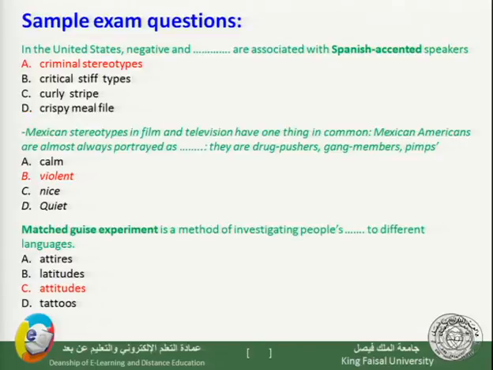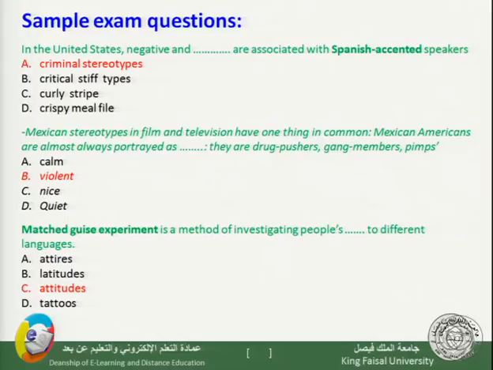Here we have a sample of some of the exam questions. For example, let's read this one. In the United States, negative and blank are associated with the Spanish accent speaker. You need to choose the word or the term or the phrase that is suitable for filling the missing phrase in the above sentence.